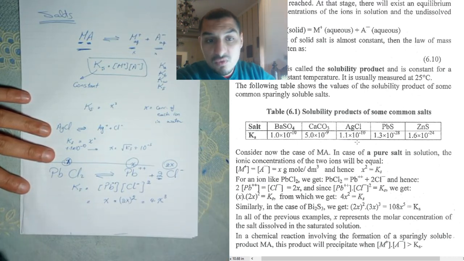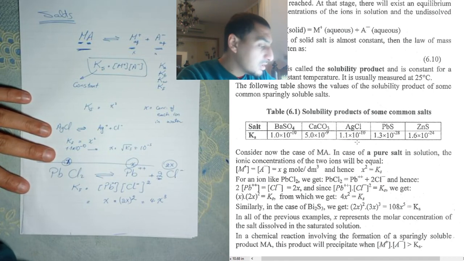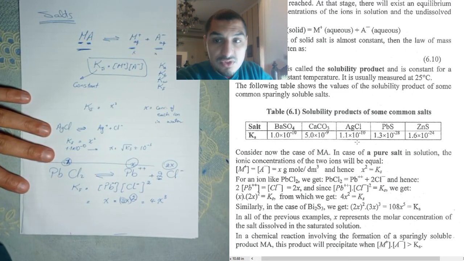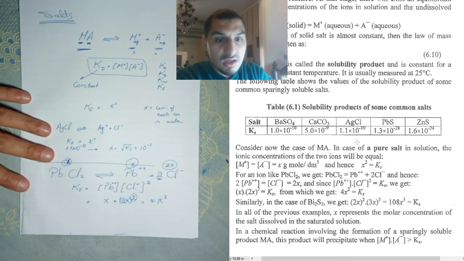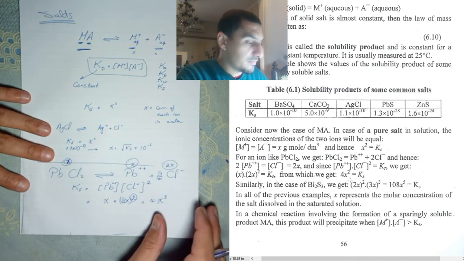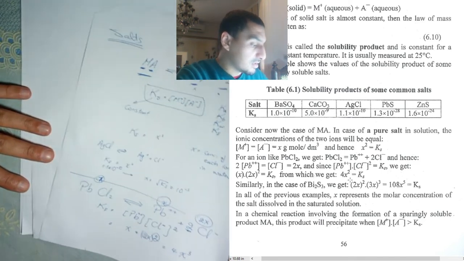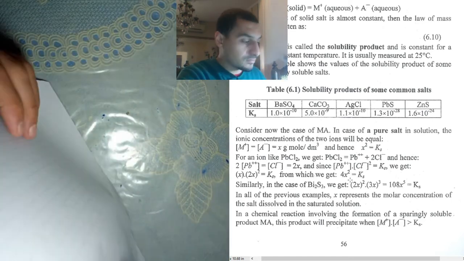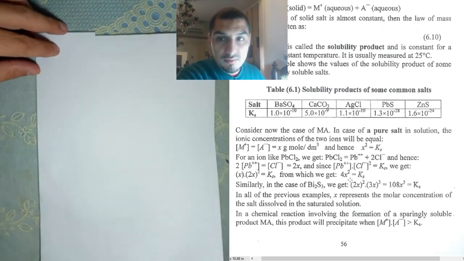So it's not always x and x, it depends on the concentration, and you will always notice that the coefficient of x and the power are the same. So this is how we can calculate the concentrations or the dissociation in the case of something like lead chloride. Let's see another case, for instance, like bismuth sulfide.